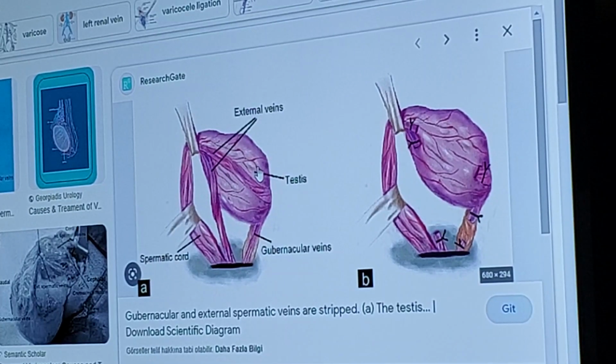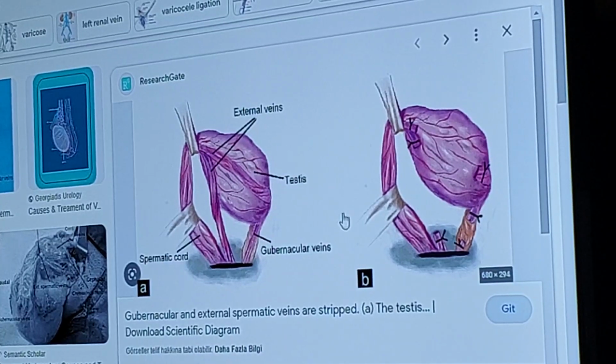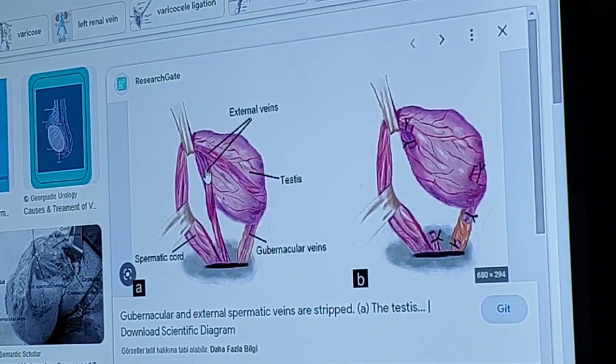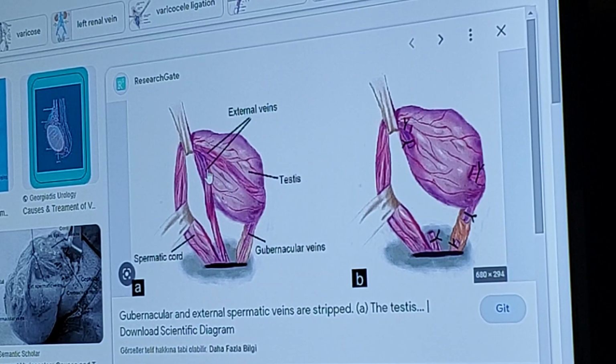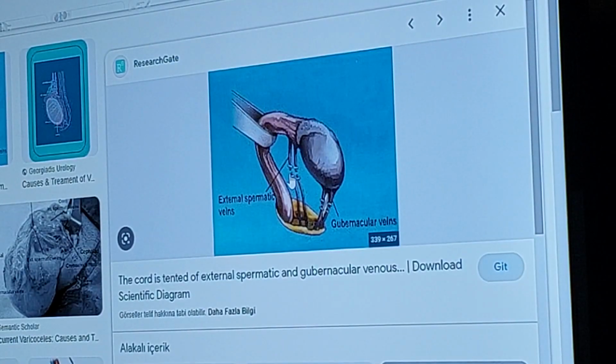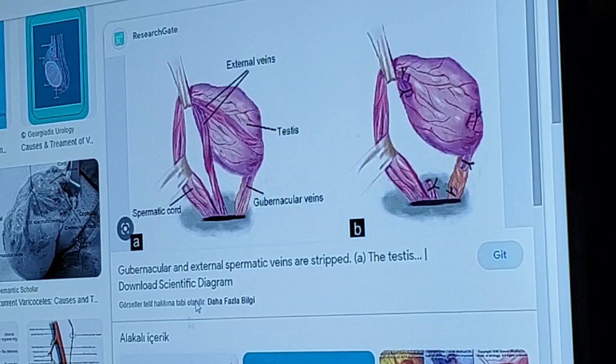So the main difference of our technique from the others is that we started to remove the external spermatic vein, because you have two options: like here you can just ligate and cut in between, or like here you can take out a segment of this external spermatic vein.